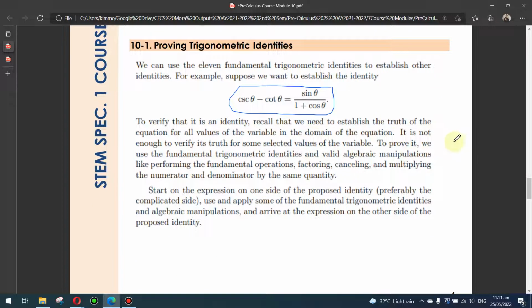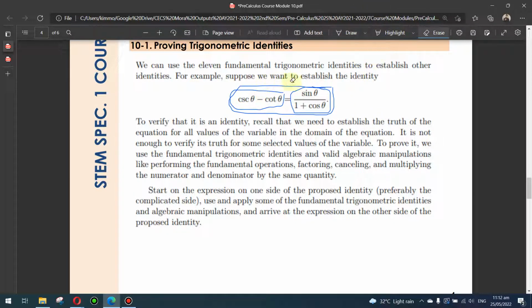So how do we prove that? That is actually by using the fundamental trigonometric identities and valid algebraic manipulations like factoring, canceling, multiplying the numerator or denominator, manipulating. So we are going to start on one side. To prove this, dapat equal ni siya ani niya, para makabalo ta nga this can become an identity.